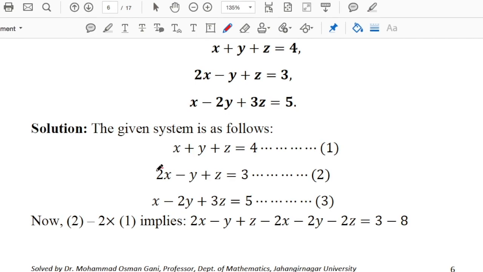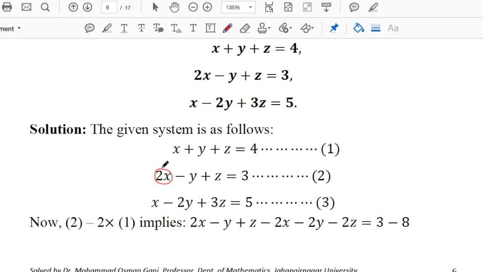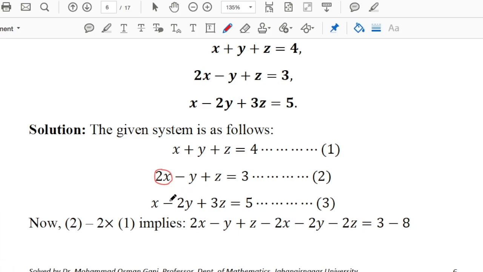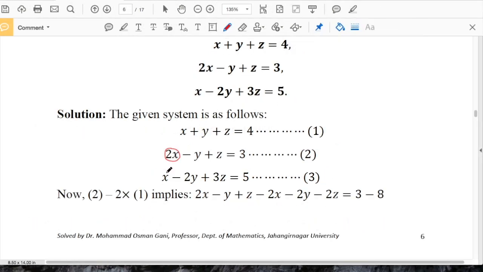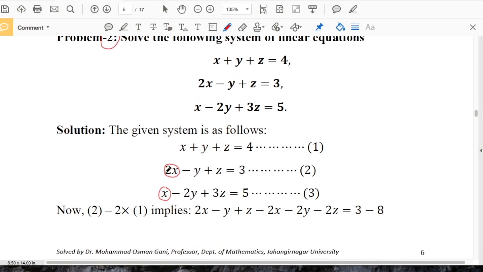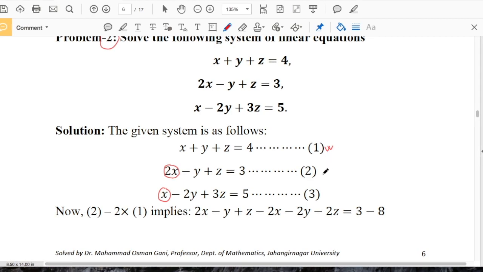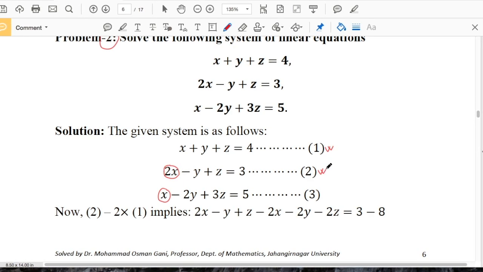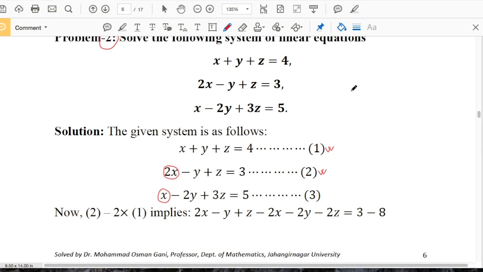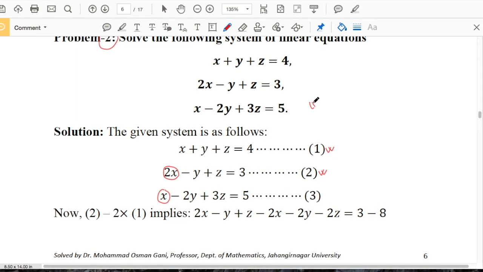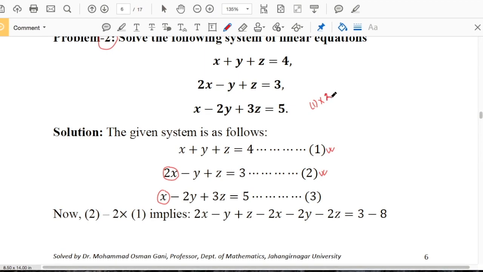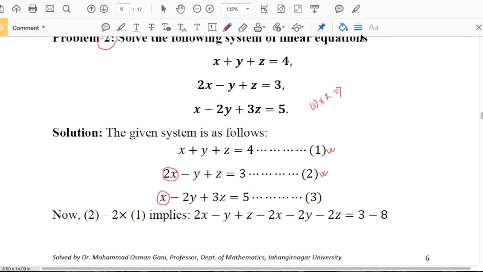Our plan is to eliminate x from the second equation, and then eliminate x from the third equation. In order to eliminate x from the second equation using equations 1 and 2, you need to multiply equation 1 by 2, because the x coefficients need to be the same in both equations.